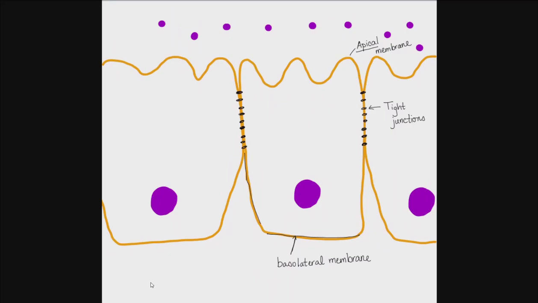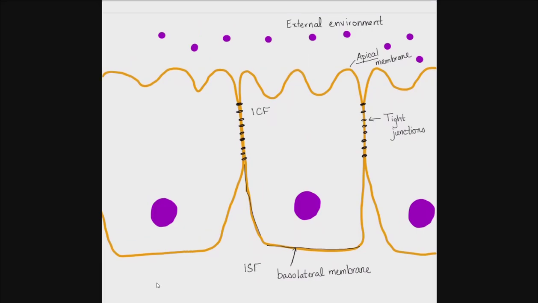Okay, I want you to envision for a moment that we are going to move this purple molecule across. As I've drawn it, it is concentrated in the external environment. So let's go ahead and add in our compartments. Remember in a previous lecture when I talked about the cell wanting to be very economical?